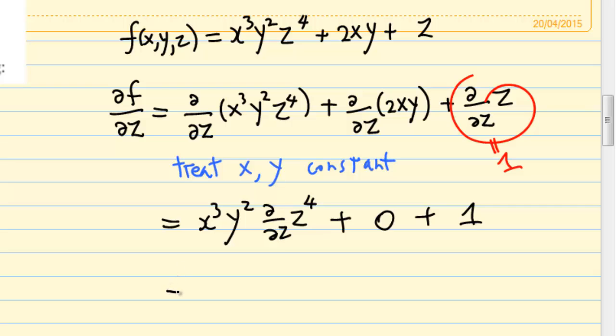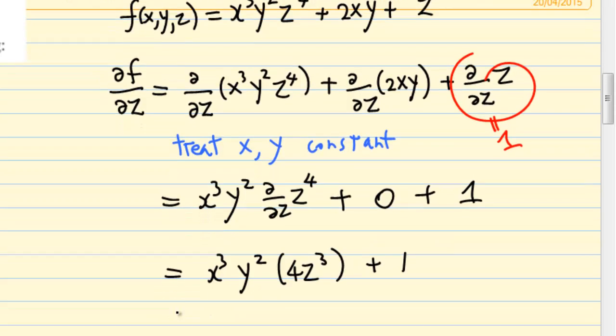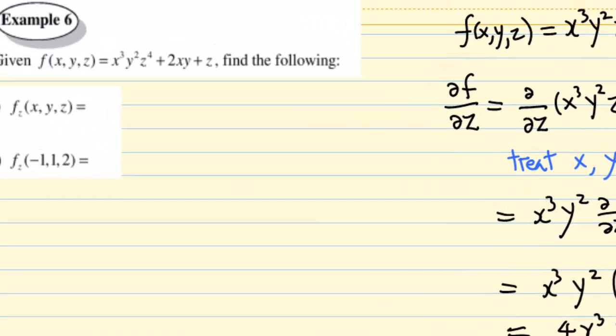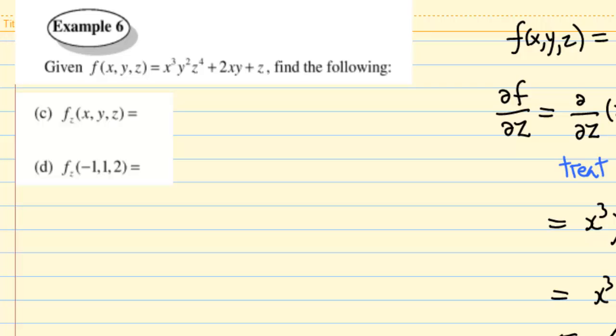Therefore, partial differentiation of f with respect to z is x cubed y squared times 4z cubed, plus 1, or 4x cubed y squared z cubed plus 1. So the answer for partial differentiation of f with respect to z is 4x cubed y squared z cubed plus 1.